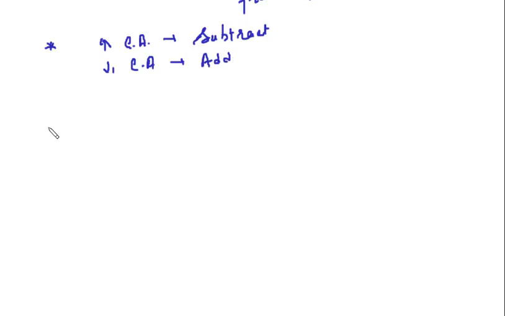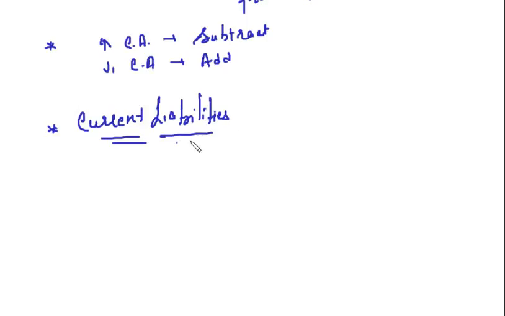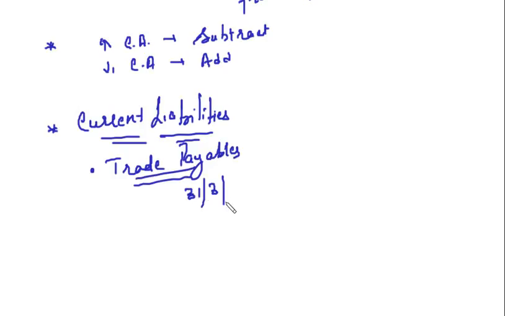Clear? Now, talking of current liabilities, like trade payables. On 31st of March 2015 and 31st of March 2016, here your trade payables were rupees 1,50,000, and now your trade payables are 70,000.